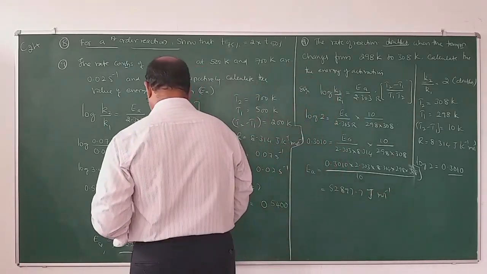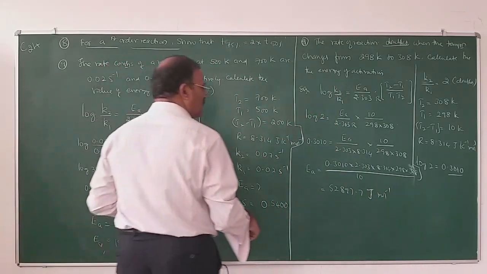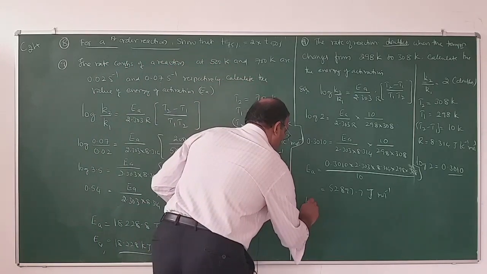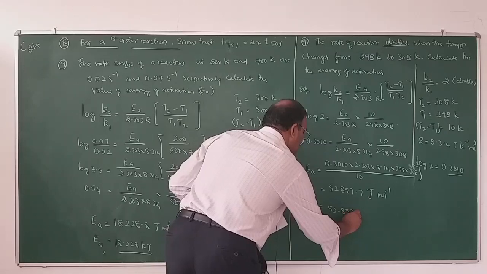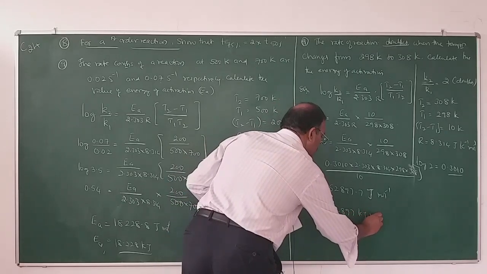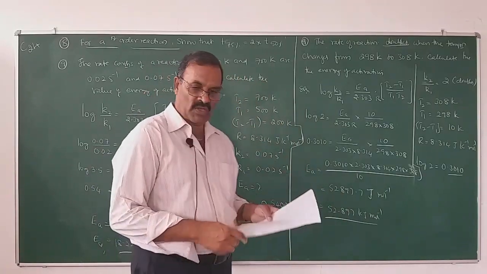Here also it is joules per mole. So EA equals 52.897 kilojoules per mole. So this is how we can calculate.